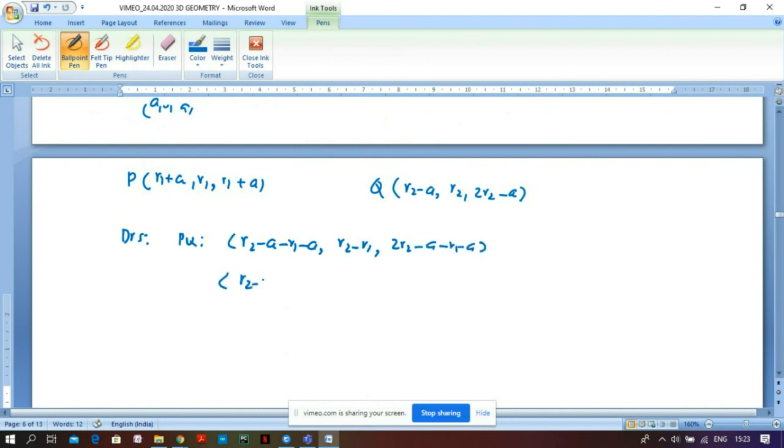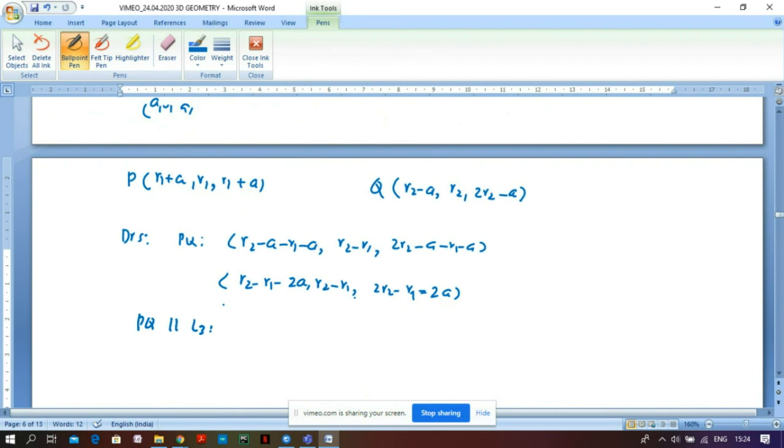That gives R2 minus R1 minus 2a, R2 minus R1, and 2R2 minus R1 minus 2a.